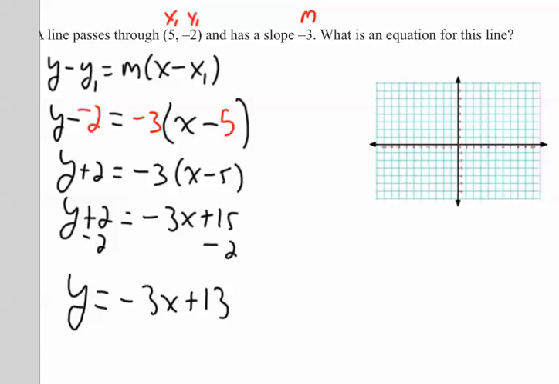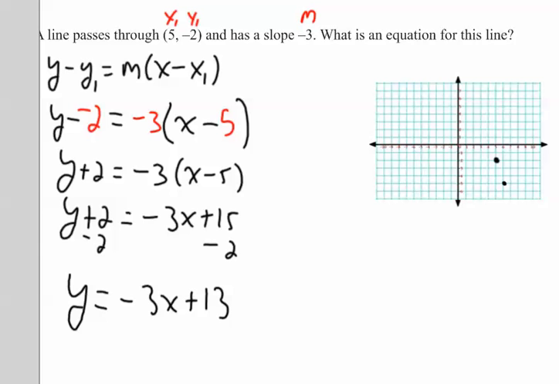But I don't really need that to do my graph, because it gave me a line that passes through the point (5, -2) and has a slope of -3. So I'm going to go over to 5, -2: 1, 2, 3, 4, 5, and then down 2. Put a dot right there. And then I'm going to do -3: down 3, over 1.